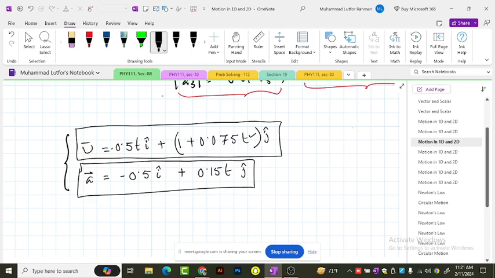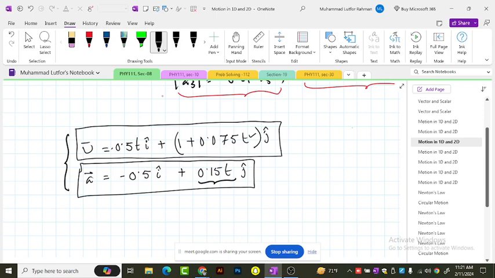And also the acceleration. Look at this acceleration. The y component depends on t, which means it is also not constant, right? It will change at different times. At t equal to 0 seconds, the acceleration of the car will be minus 0.5 i hat. But at t equal to 1 second, it should be minus 0.5 i hat plus 0.15 j hat, which means both the velocity and acceleration are changing.